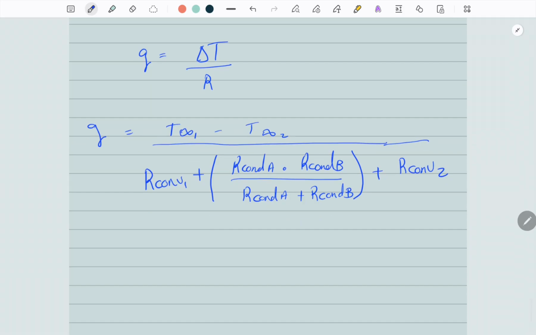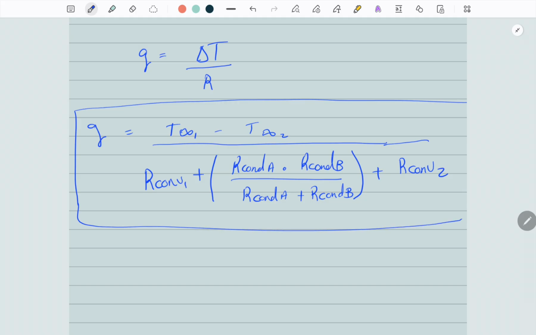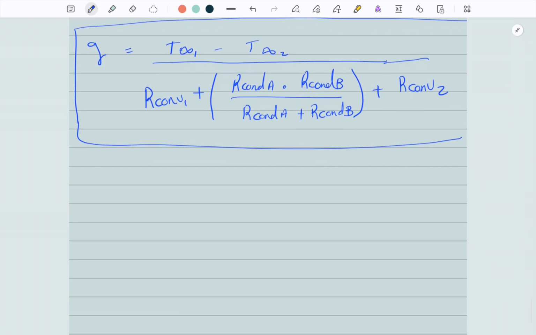And that's how you'll get your total heat transfer for a system mixed with series and parallel composite walls.